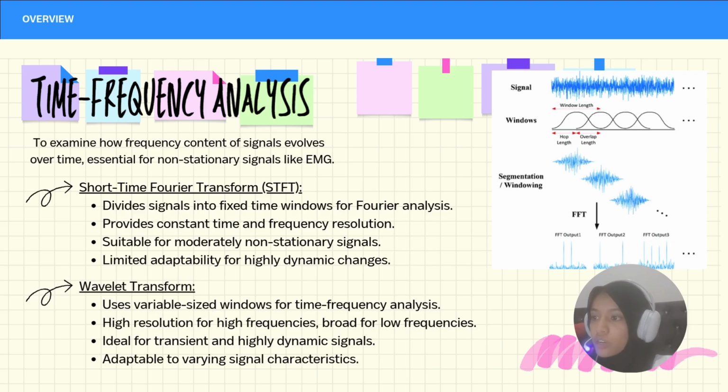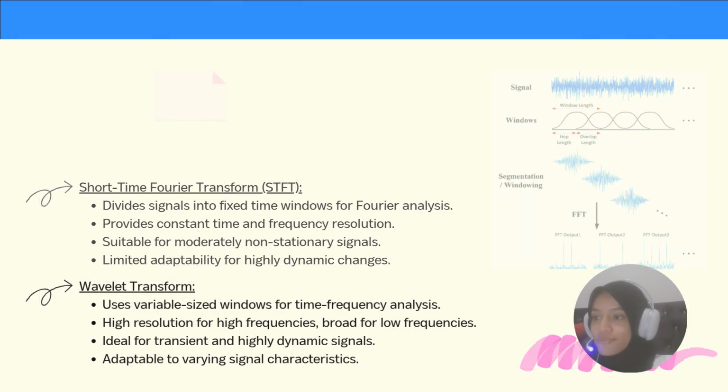So that's where the wavelet transform comes in handy, where it is more flexible. It uses windows that adjust in size, offering better detail for higher frequencies and broader changes for low frequencies. This makes it great for analyzing sudden or highly dynamic signals like EMG.